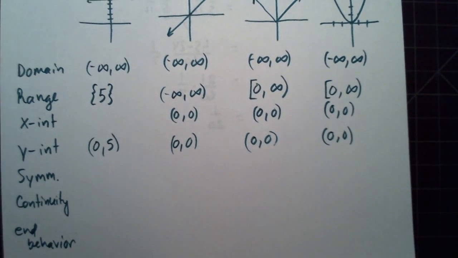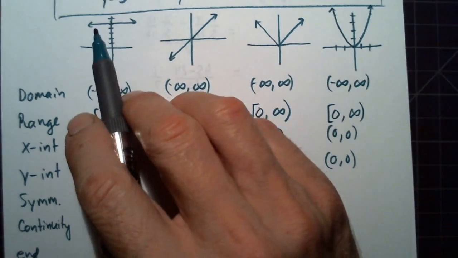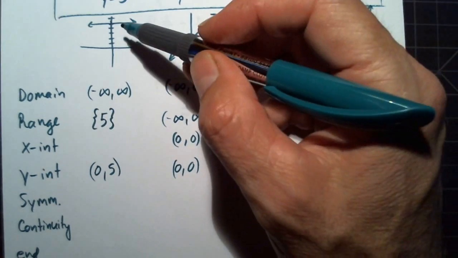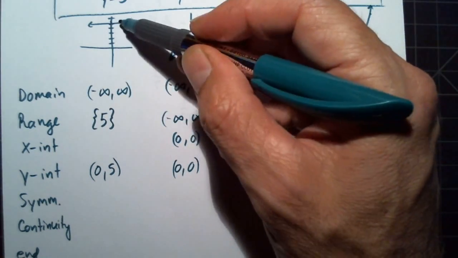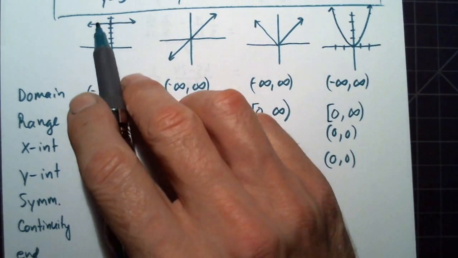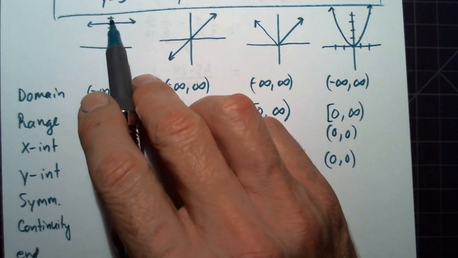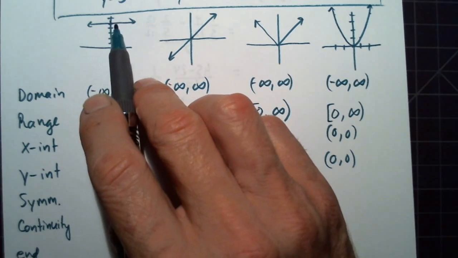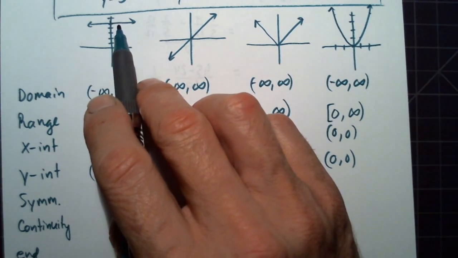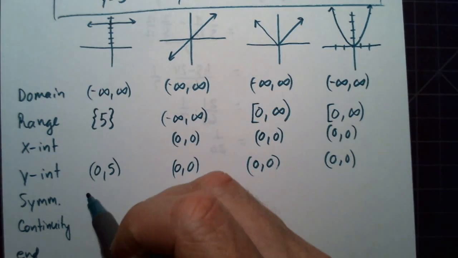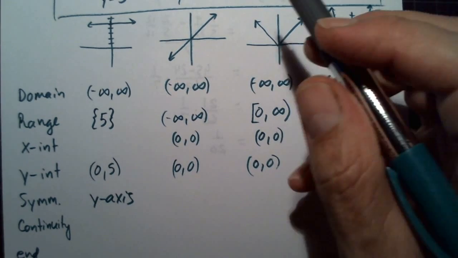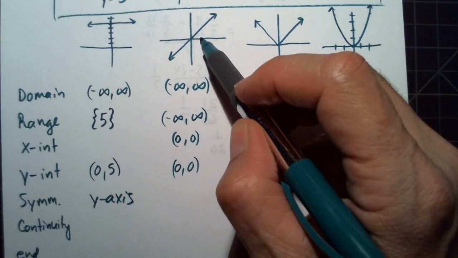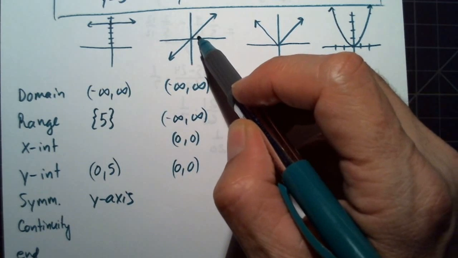Symmetry. Can we change y values? Positive 5, negative 5. No, that's not on the same graph. But we can change x values. Negative 1, positive 1. They're both on the graph. If you change the x value, then it has y-axis symmetry. Over here, if we change the x value, we have a positive 1, negative 1.